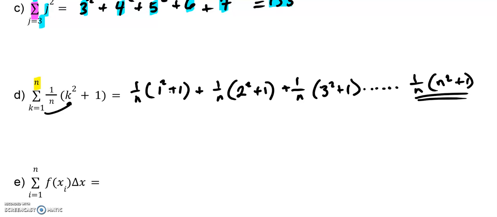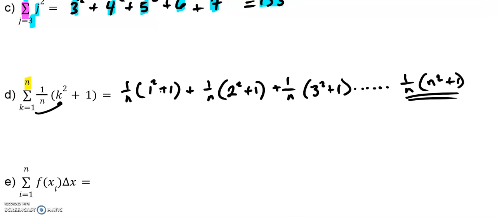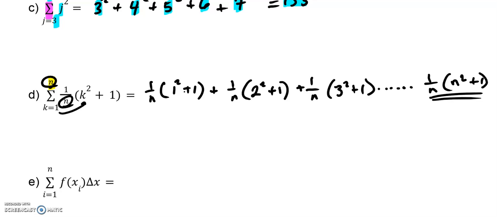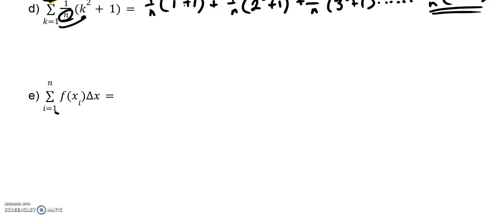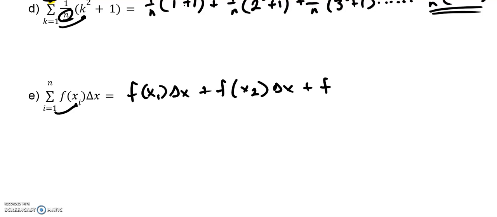Okay, and we can't get numerical values because we don't necessarily know what that n number is. For this last one, you're just plugging right into your x sub i. So you're going f of x sub 1 times change in x, or delta x, plus f of x sub 2 times change in x, plus f of x sub 3 times change in x, all the way out to f of x sub n times change in x.